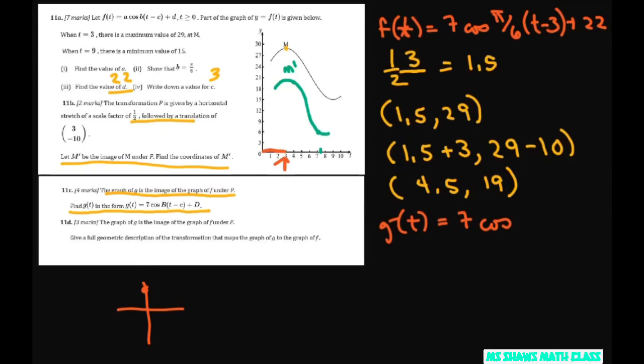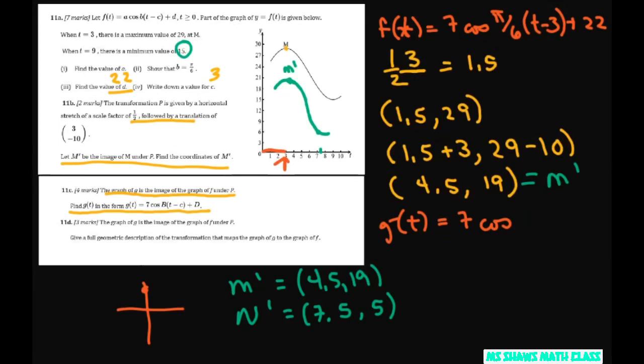Now, looking at that, we have to find our B. So M prime is 4.5, 19 and N prime is 7.5, and then I just subtracted 10 from this 15, so that's comma 5.